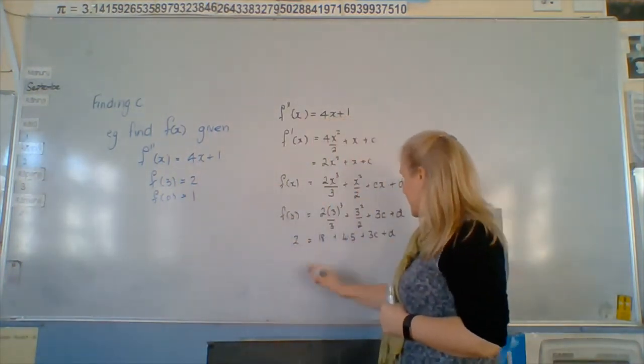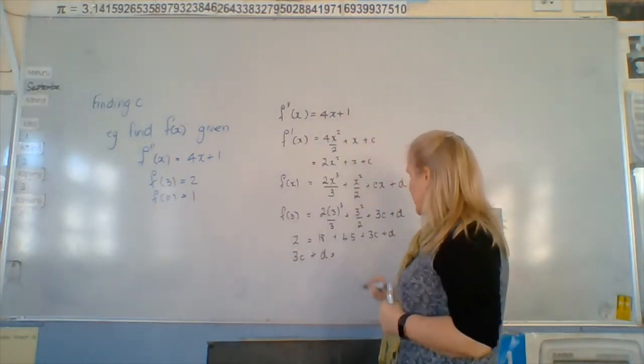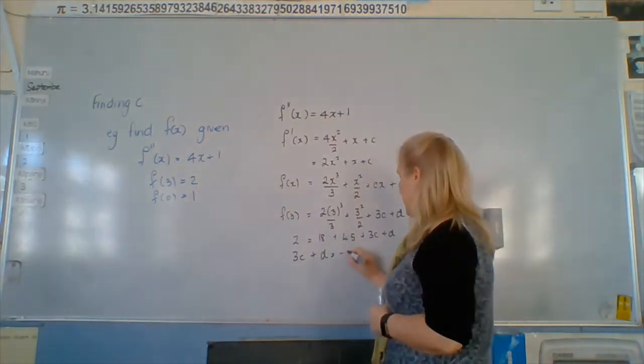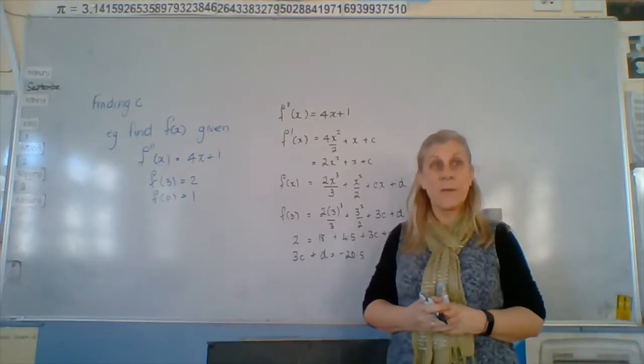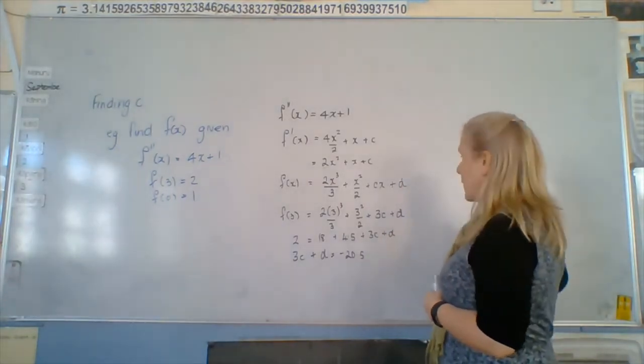So now move everything else over there and we get 3c plus d equals 2 minus 18 minus 4.5, which is minus 20.5. All right, happy with that? So just substitution.